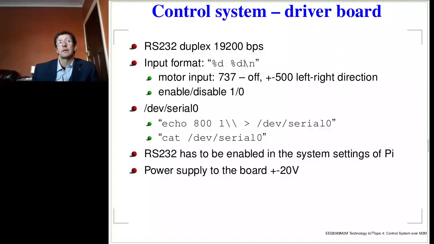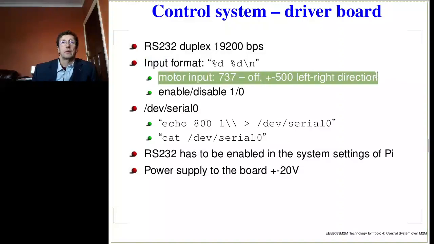Right? Then \n to separate different words. So this is the input format for the board, because we are talking about the board. For us, this will be the output format. The complicated thing is this one.